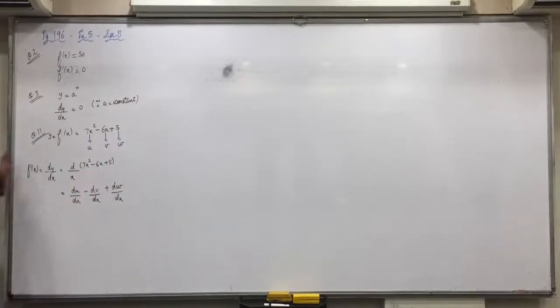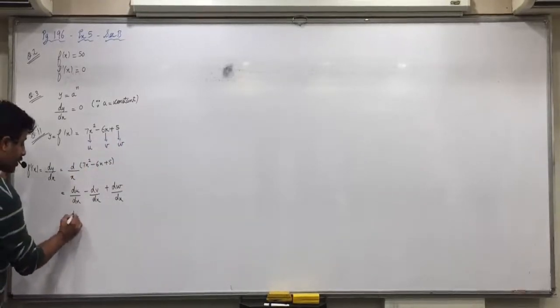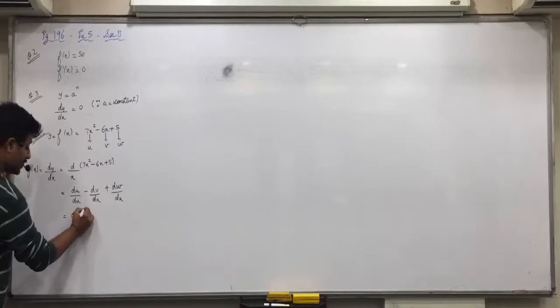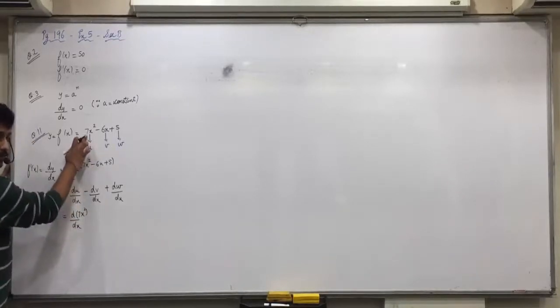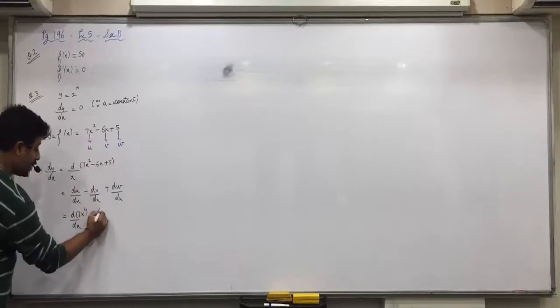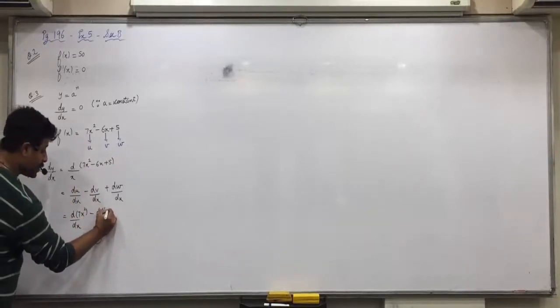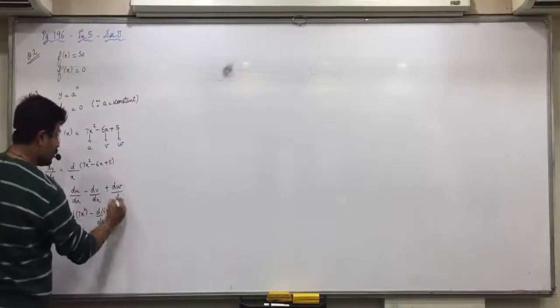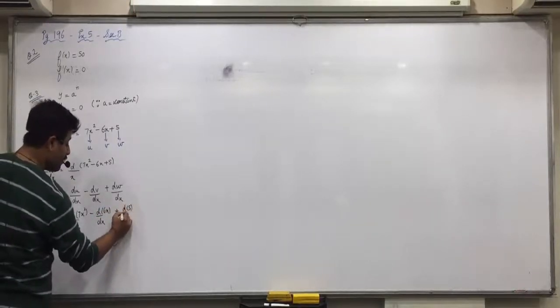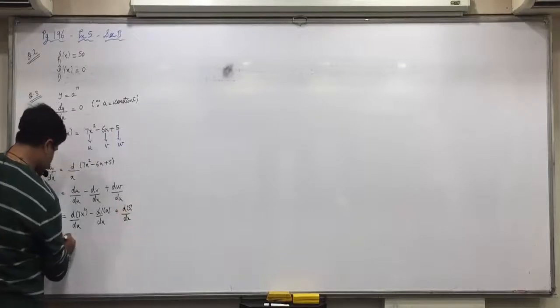Any doubt in this? Du by dx means d of 7x square by dx. What is u? Minus dv by dx means d of 6x by dx, plus dw by dx means d of 5 by dx.